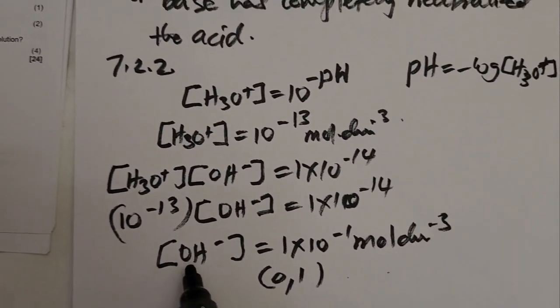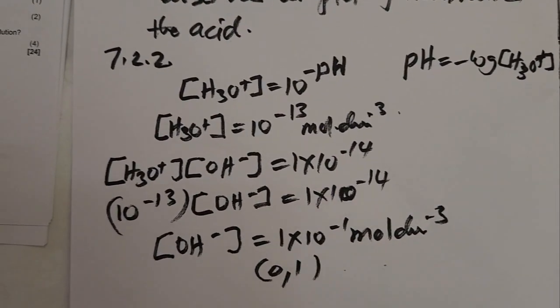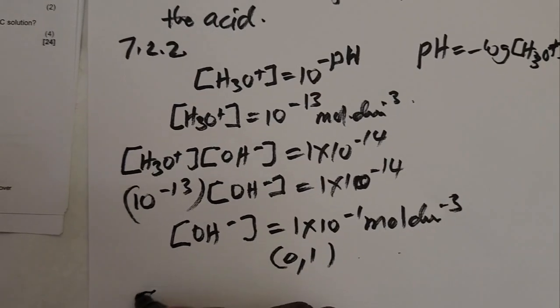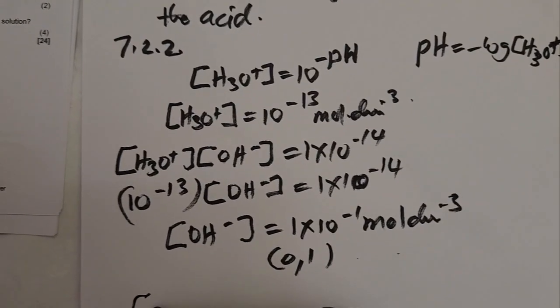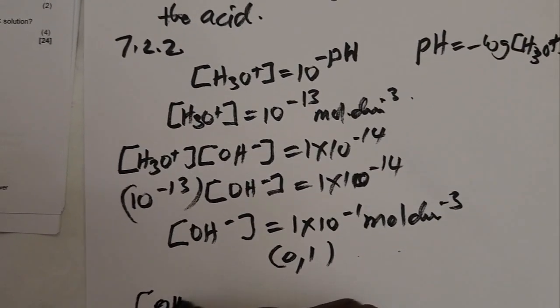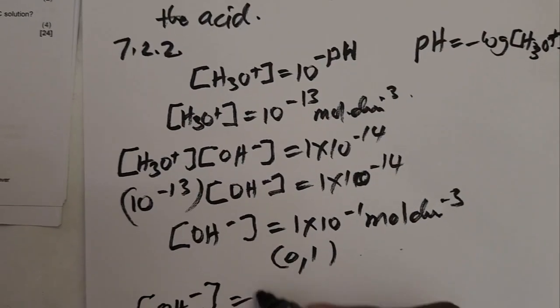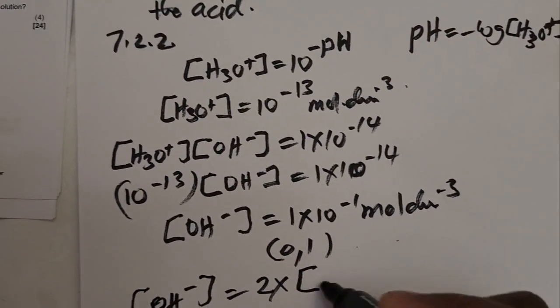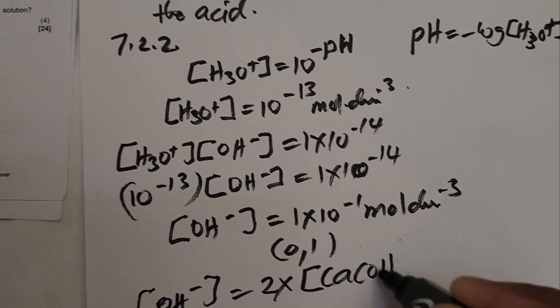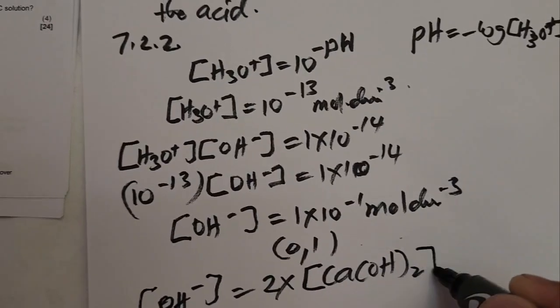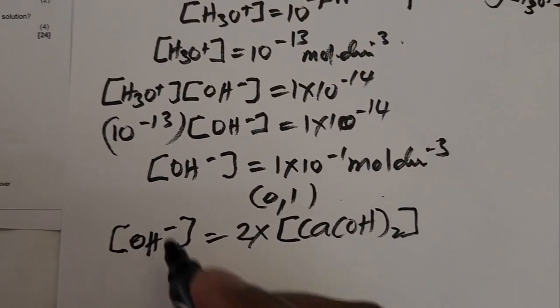But now this is the concentration of OH minus, not of calcium hydroxide. For calcium hydroxide, we know that the concentration of OH minus equals 2 times the concentration of calcium hydroxide. That is a very important relationship.